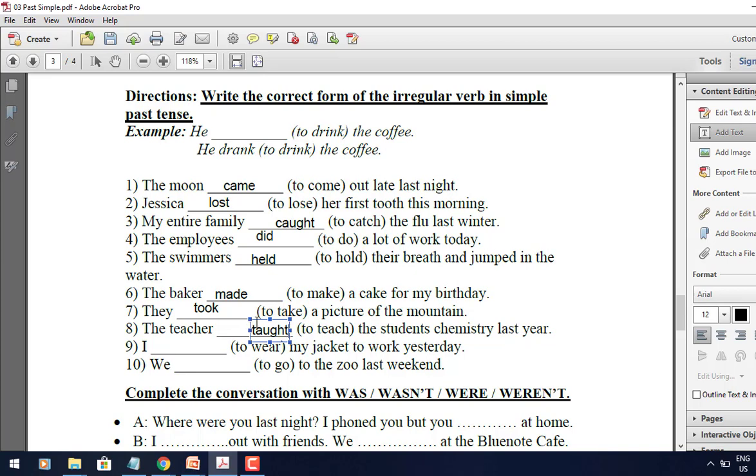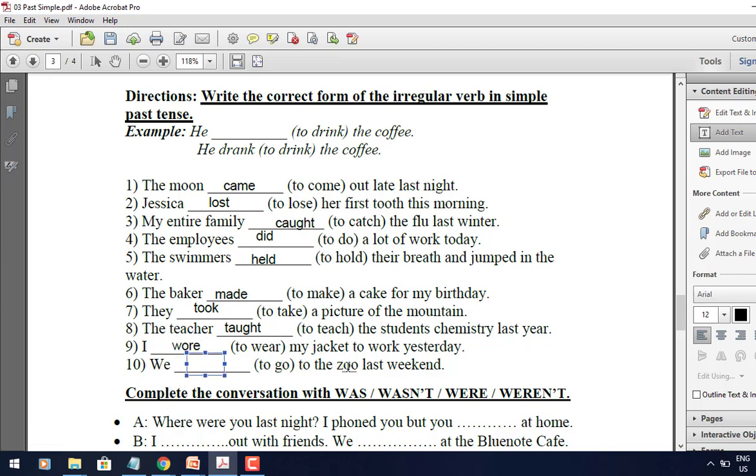Number 9. I to wear my jacket to work yesterday. I know that wear is an irregular verb that has the past form wore. So I wore my jacket to work yesterday. Number 10.